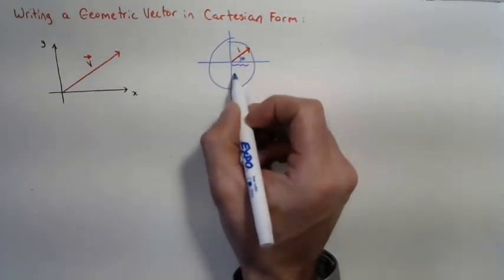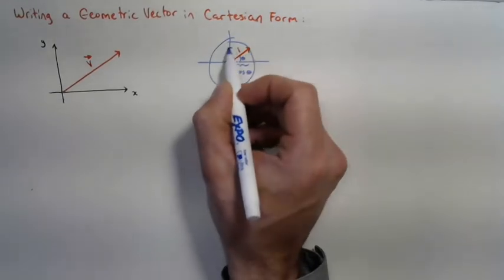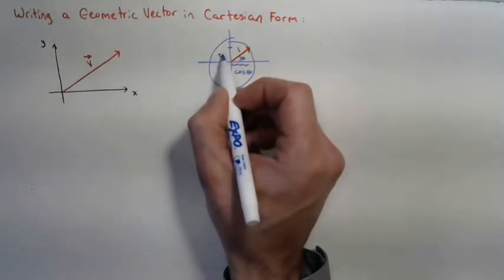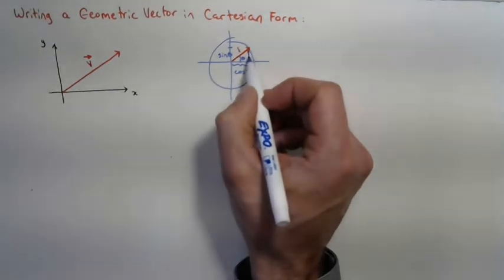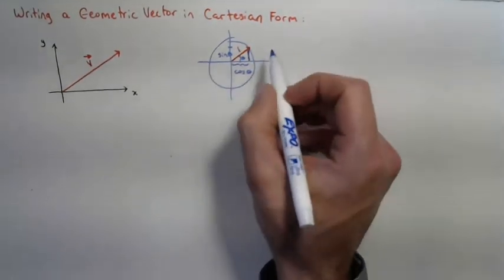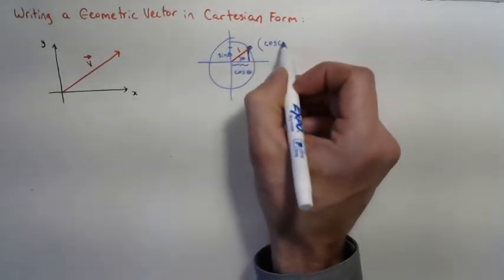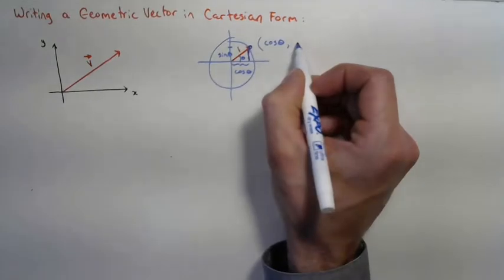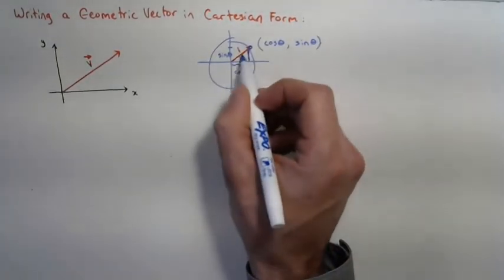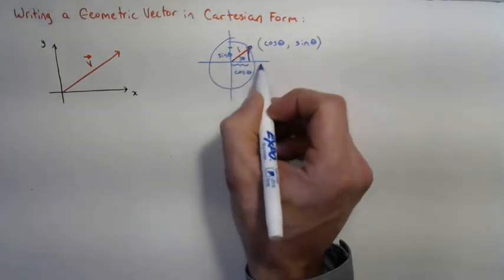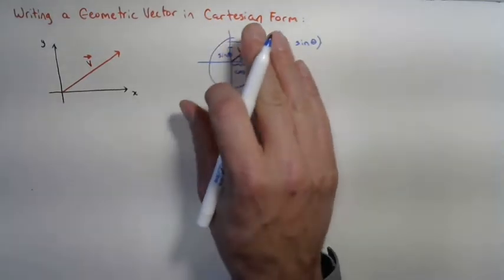So the distance here would be cos of theta, and the length here would then be the sine of theta, because we can make that right angle triangle there. That's because this point in the unit circle has x-coordinate cosine of theta and y-coordinate sine of theta, where theta is the angle that our ray or our vector makes with the positive x-axis.